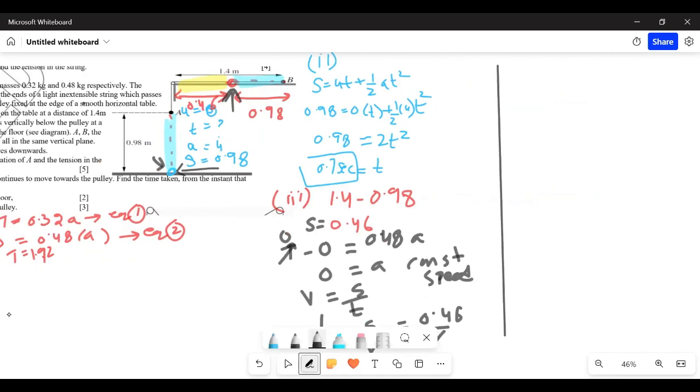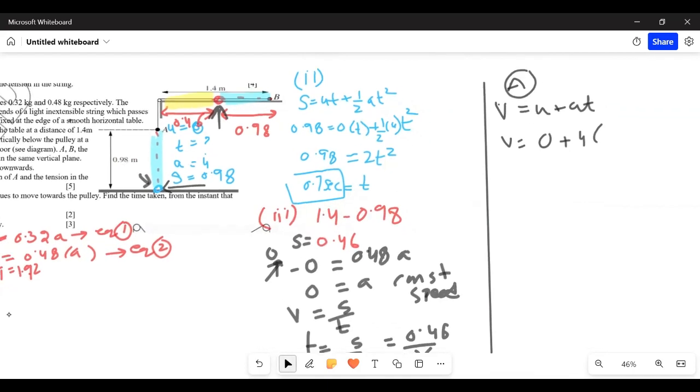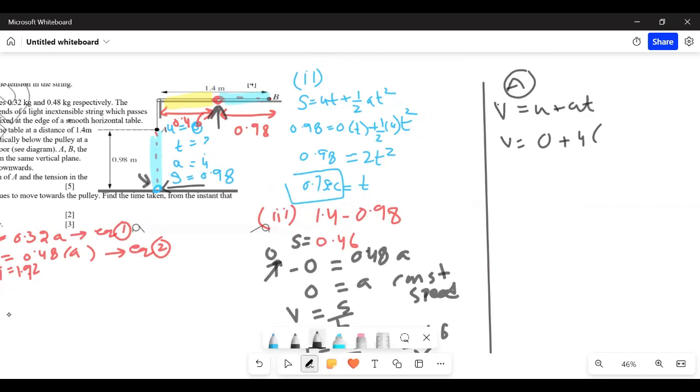I'm going to use V is equal to U plus AT. This is being used for A. So V is equal to U, which is 0, plus A, which is 4, and the time we found earlier was 0.7 seconds. So this is going to be 2.8 meters per second.